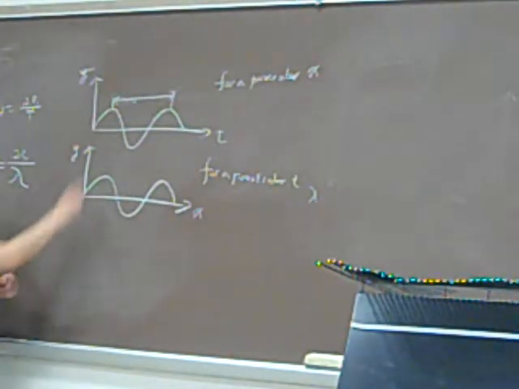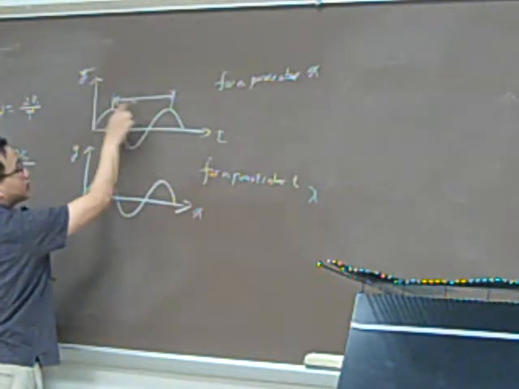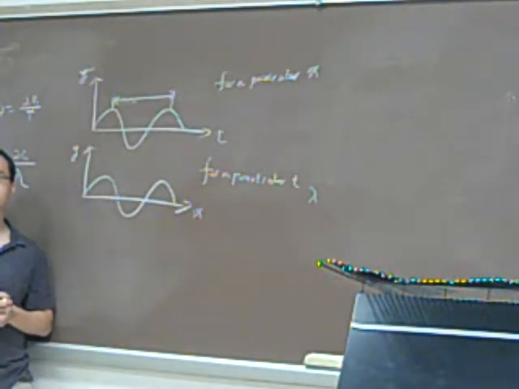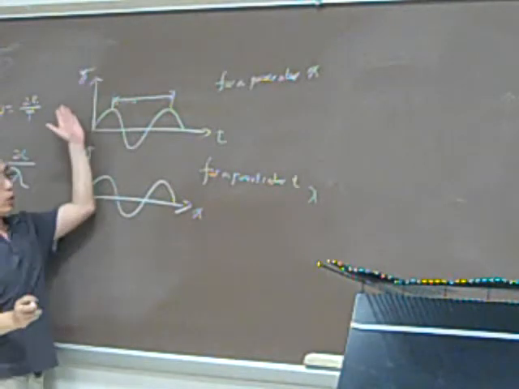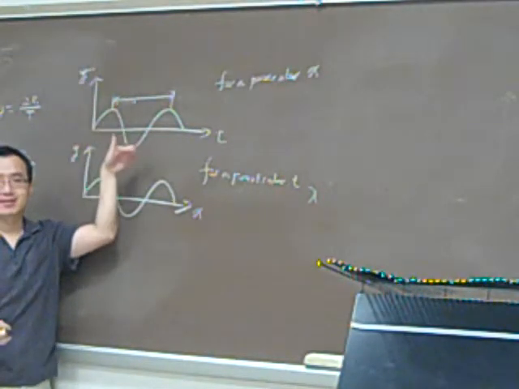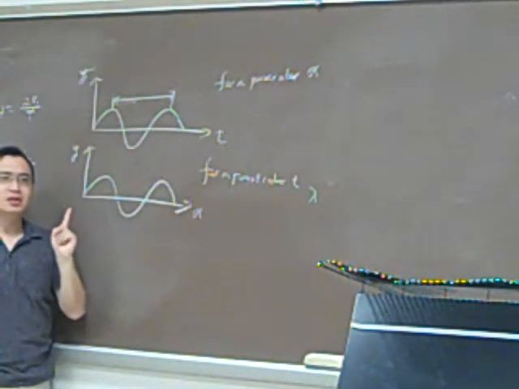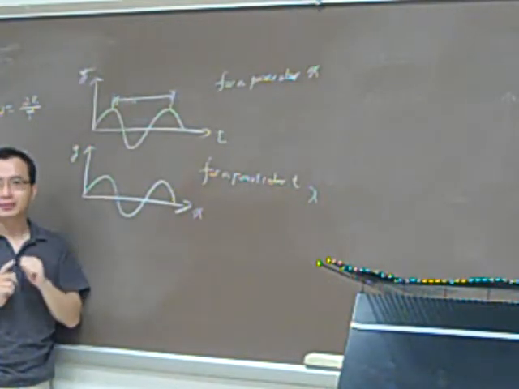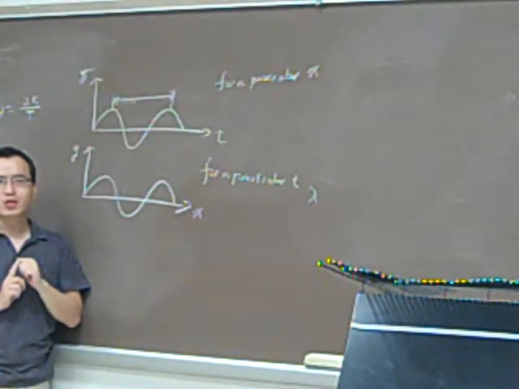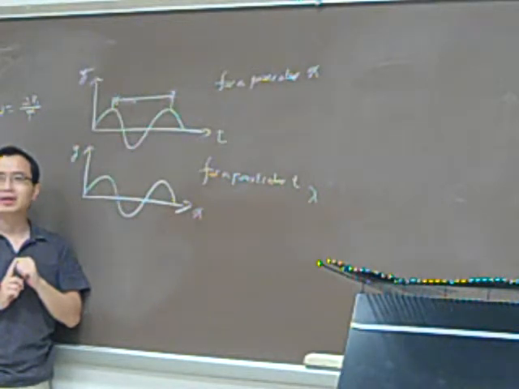But if I measure this distance, what's that? In this graph, what's the distance between the peak to the peak? Wavelength? Phase? We measure it along the time axis, so it must be something that has a meaning of time. In all these quantities we are talking about, which one has a meaning of time?